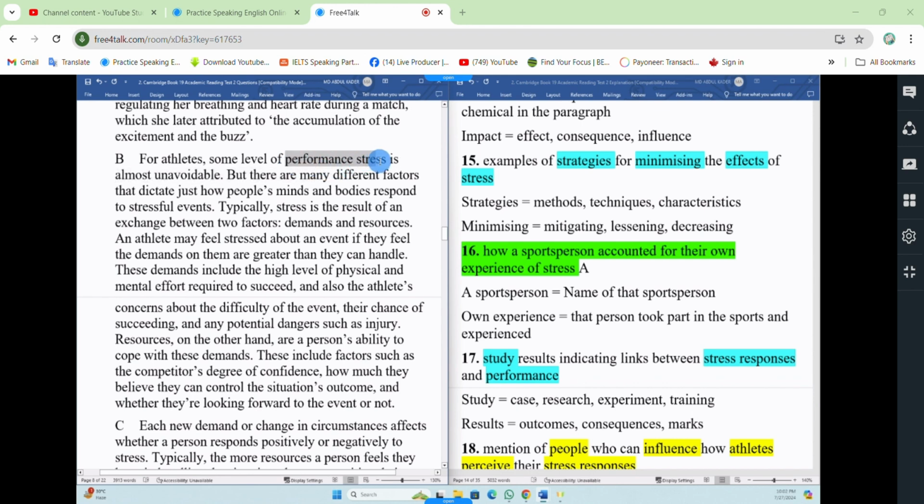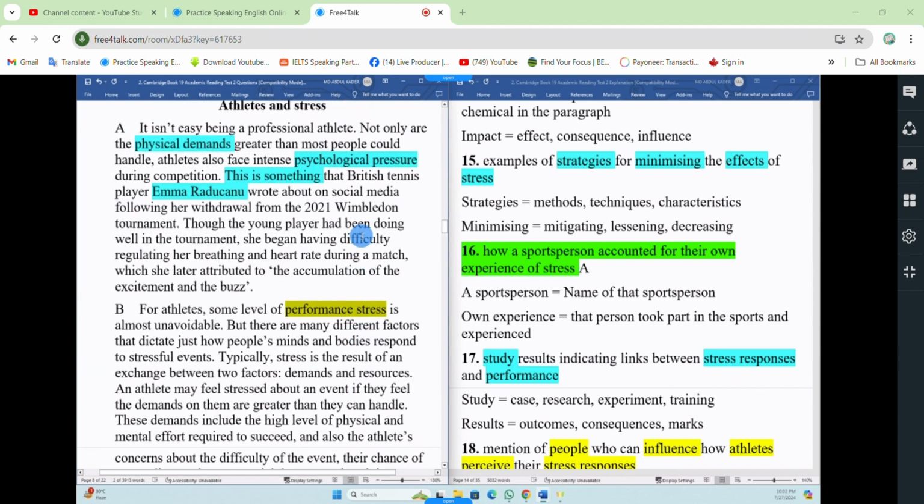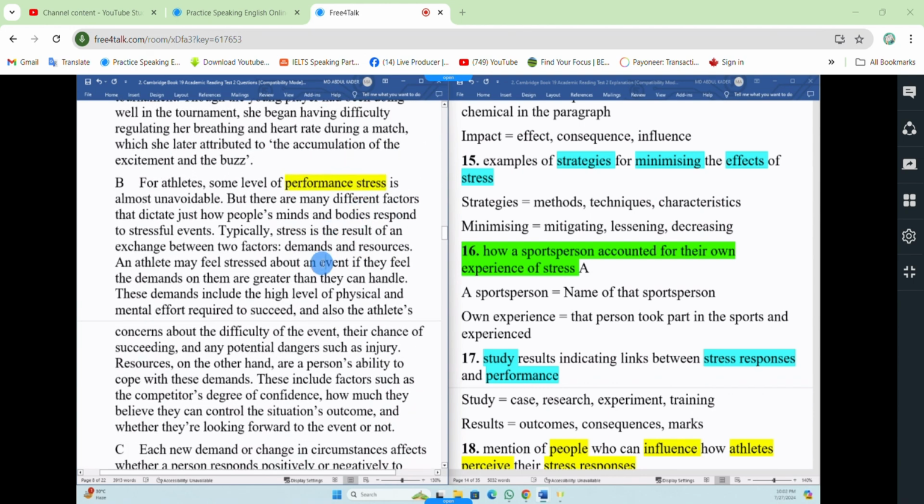Actually, people have a kind of stress that is called performance stress. I don't know, do you have performance stress or not? But yes, most athletes have performance stress while they are performing. Just consider our famous sports player Shakib Al Hasan.